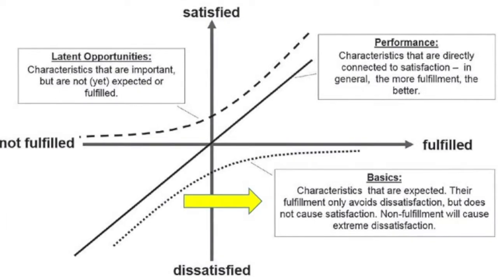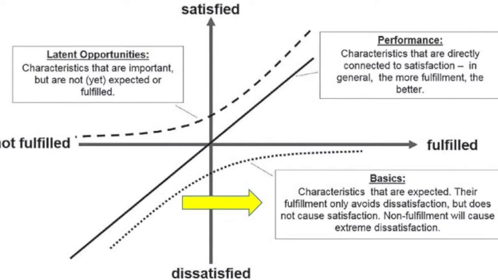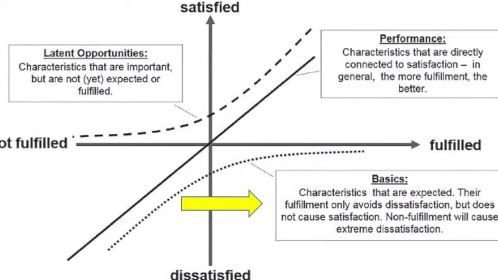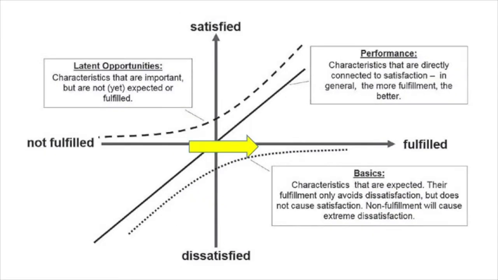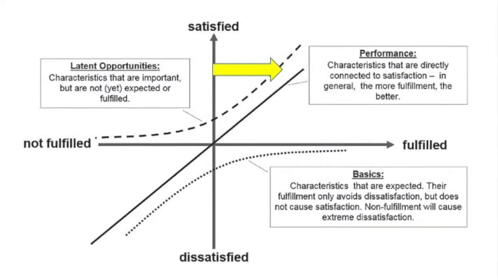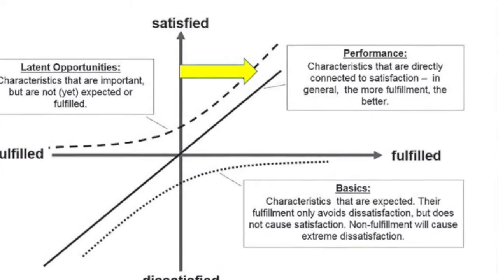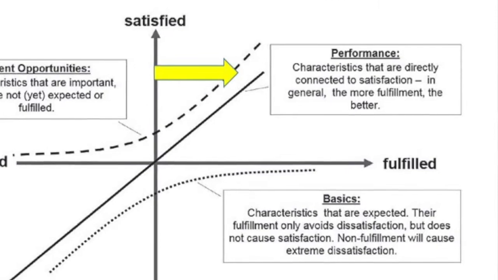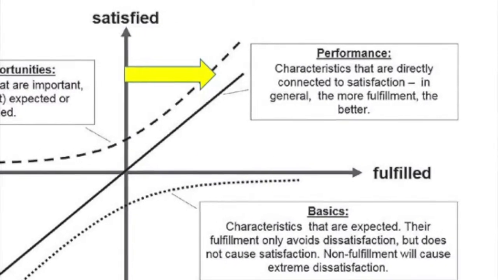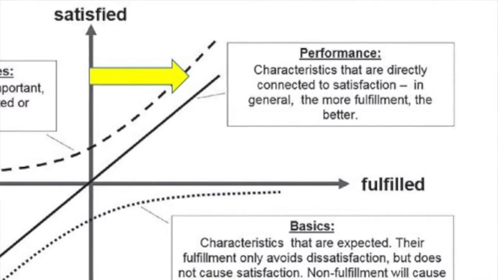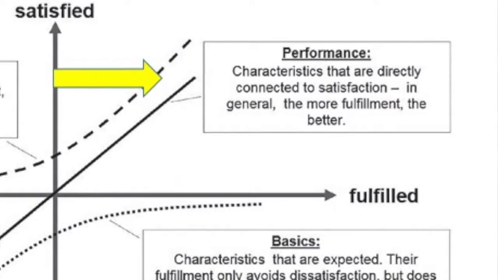This part doesn't enhance customer satisfaction, it only avoids dissatisfaction. This is the fulfillment layer, and then finally when we get up here, this is the quadrant we're looking for. We've figured out what they want and we're able to deliver what they want. In fact, we can sometimes anticipate what customers want before they even know that they want them.